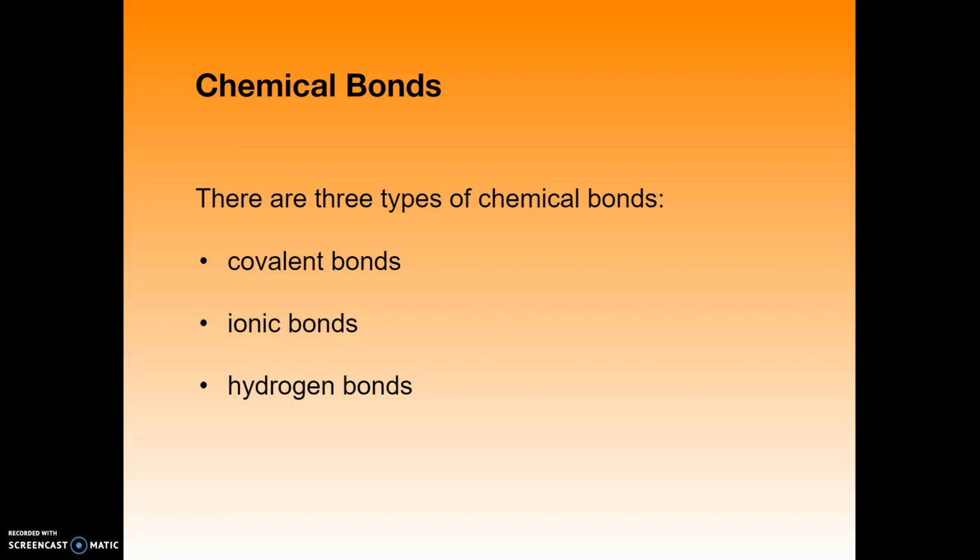So that kind of brings us to the three types of bonds. Covalent, as I said, are non-metal, non-metal, all non-metals. Ionic bonds transfer electrons, metal and non-metal. And then hydrogen bonds are exactly what they sound like. They have hydrogen in them.